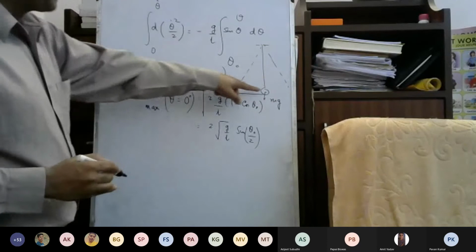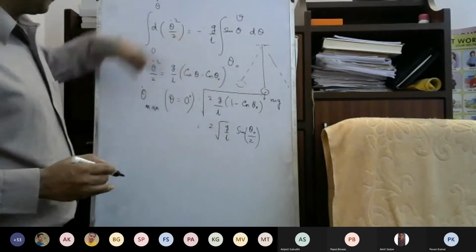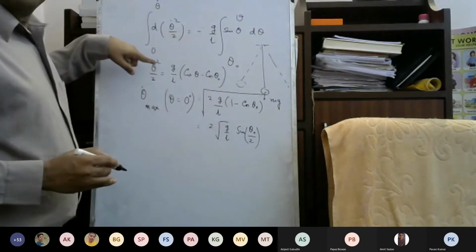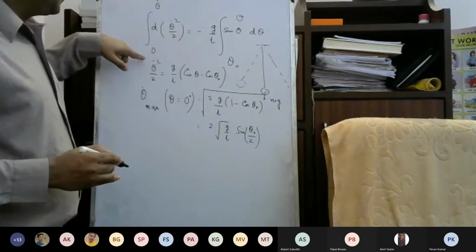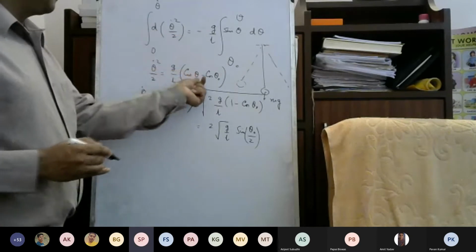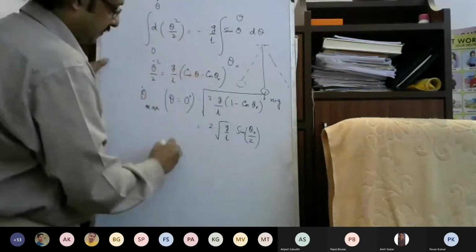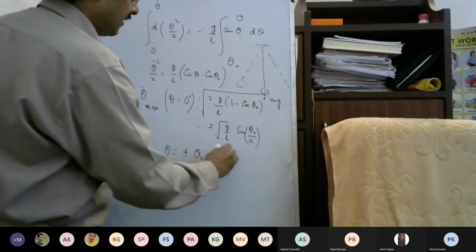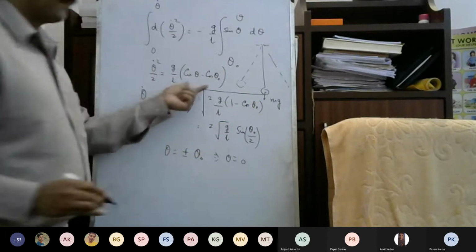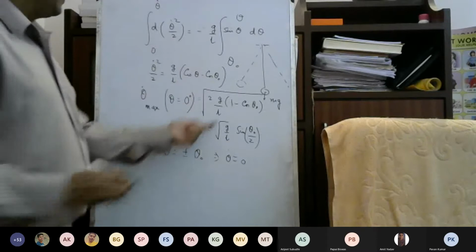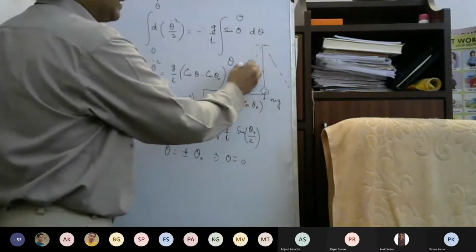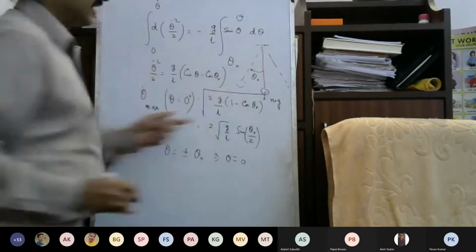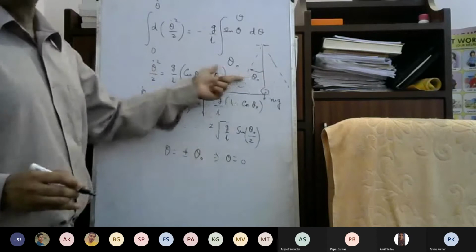But then what will happen? When will its velocity be 0? Because if theta is equal to plus minus theta naught, you see that theta dot equals 0. So when theta becomes equal to minus theta naught, that means in this direction, again its velocity becomes 0.